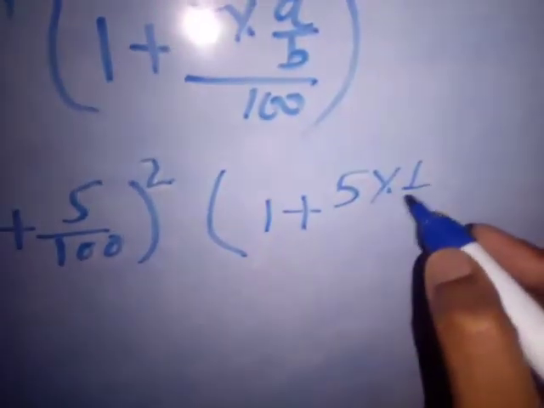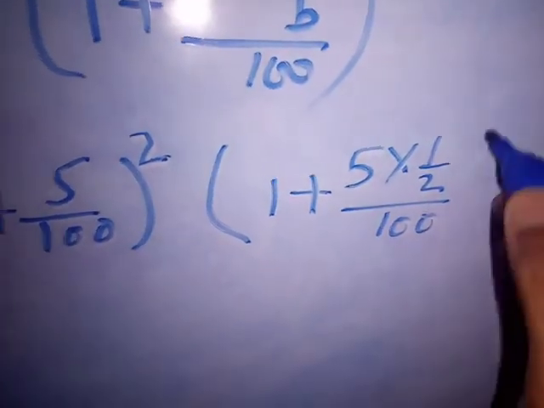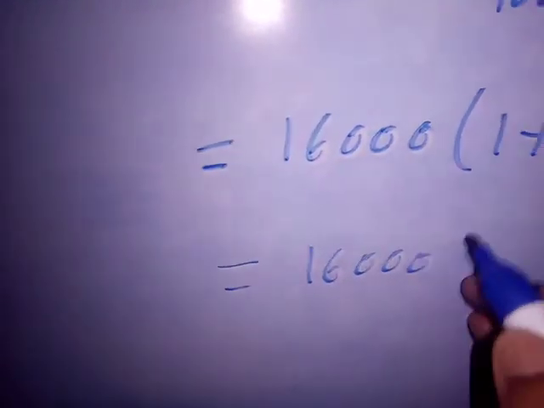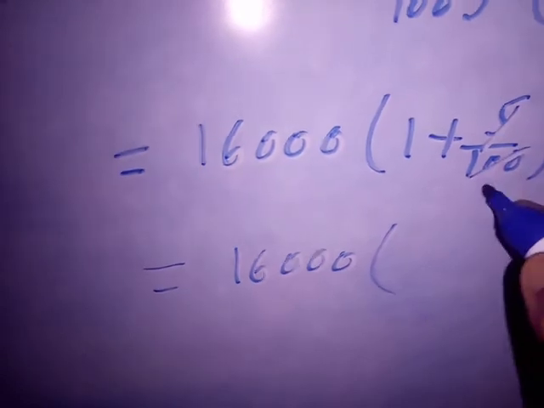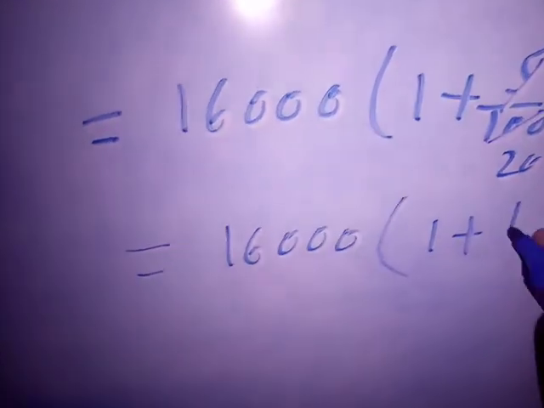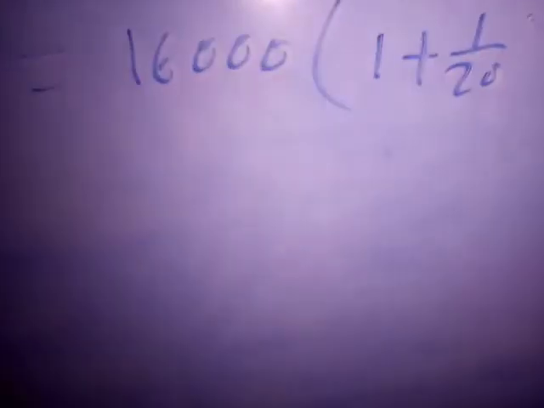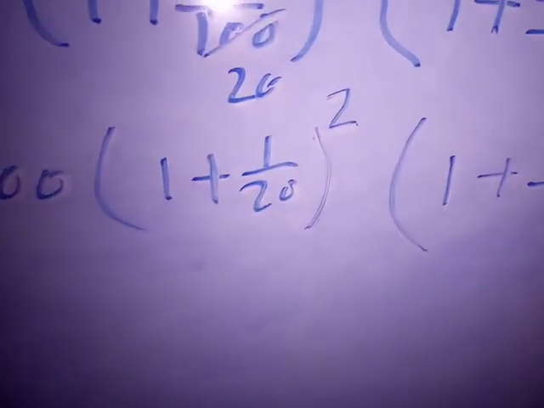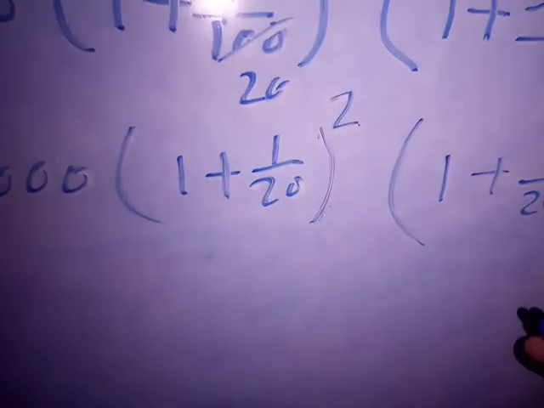Here we will put 1 by 2 and by 100. Understood? Now we can calculate it. 16,000 into (1 plus 1 by 20) whole 2, and it becomes 1 plus 5 by 200.